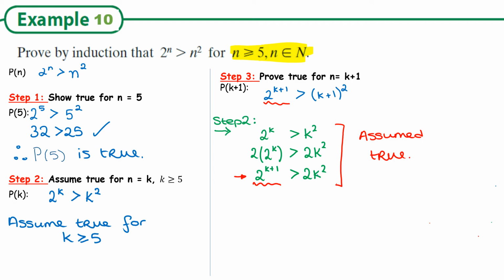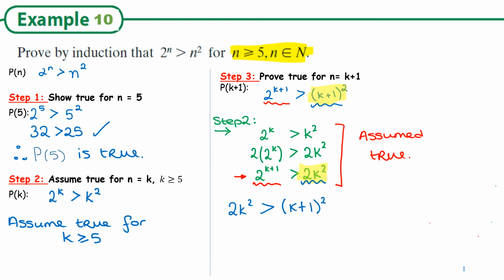So what I'm actually going to do is compare this side to this side. If 2k squared was bigger than (k plus 1) squared, then everything would be okay.